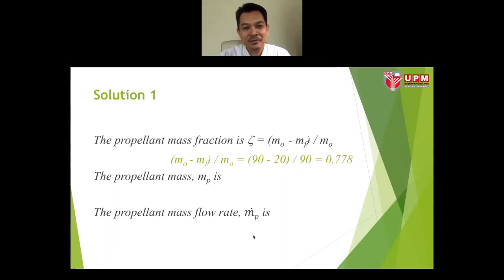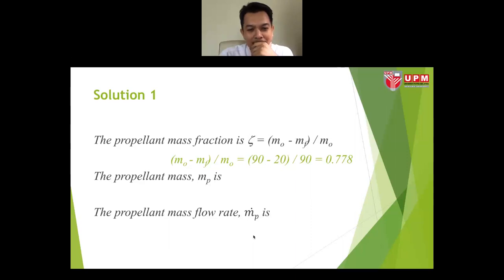Okay, so then you can calculate the propellant mass, the MP, before you calculate the mass flow rate. What is the value of MP? Anybody would like to try?